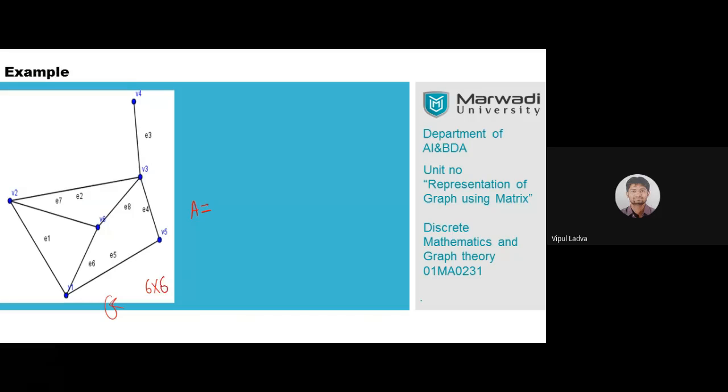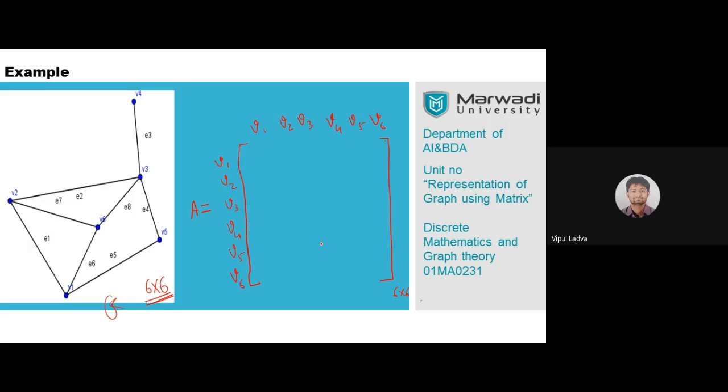So the order of my adjacency matrix will be 6 cross 6. Are we good? A 6 cross 6 matrix will be there, and let me label all of them: V1, V2, V3, V4, V5, and V6. Similar labeling will be provided over the columns: V1, V2, V3, V4, V5 as well as V6.